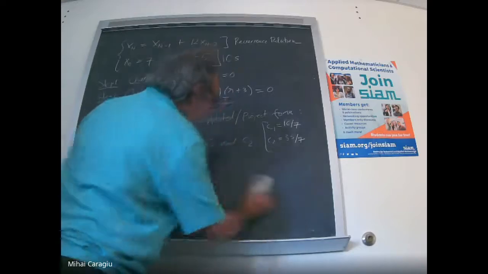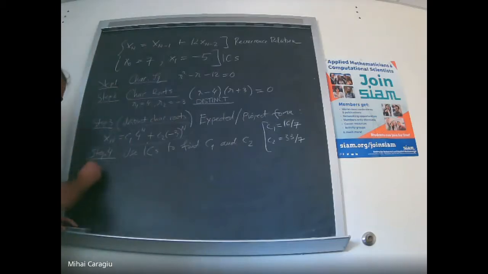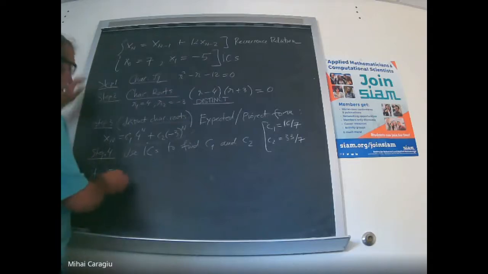So let's formulate the conclusion. That means the explicit formula for the sequence. Step 5, explicit formula for xn.